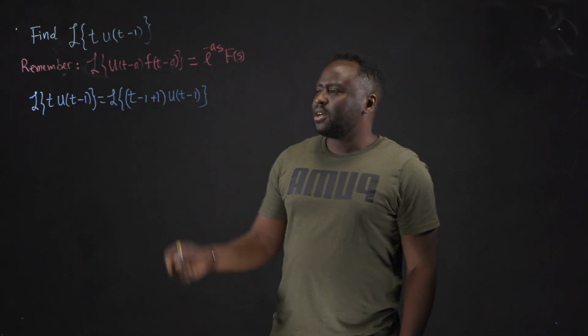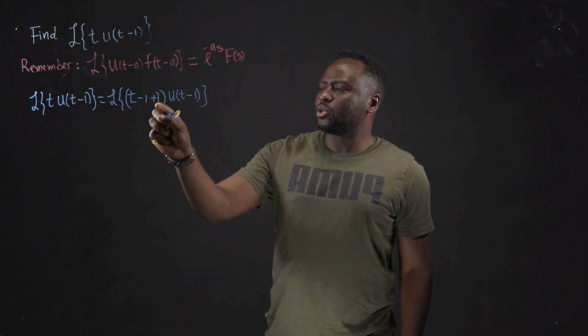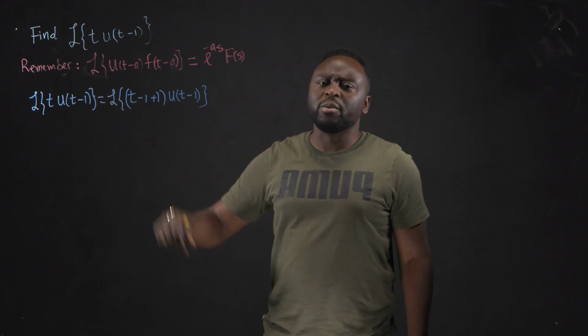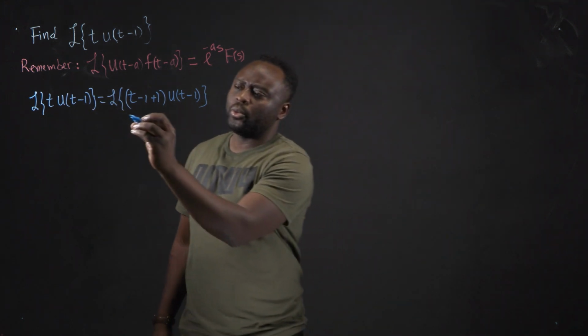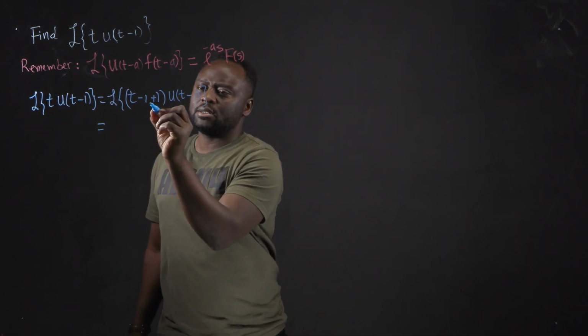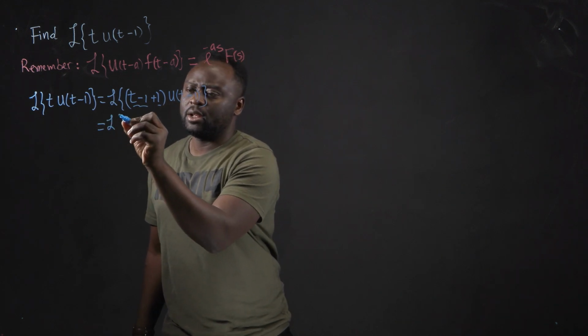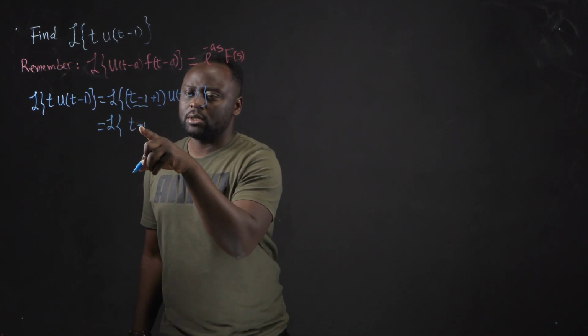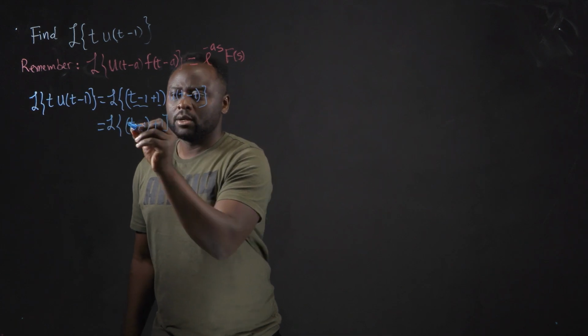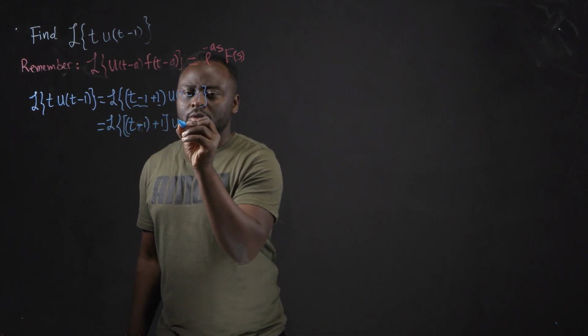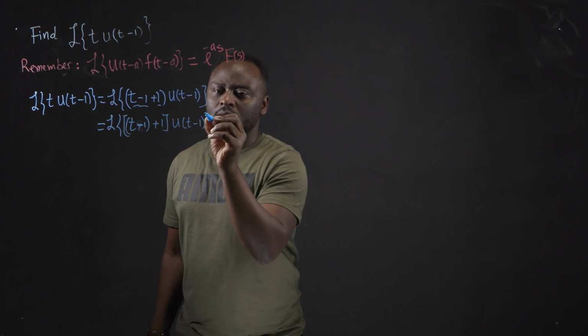Here minus 1 plus 1 is 0, and then we remain with t, right? So if I split this, we obtain t minus 1 plus 1, and we multiply this by u of t minus 1, okay?